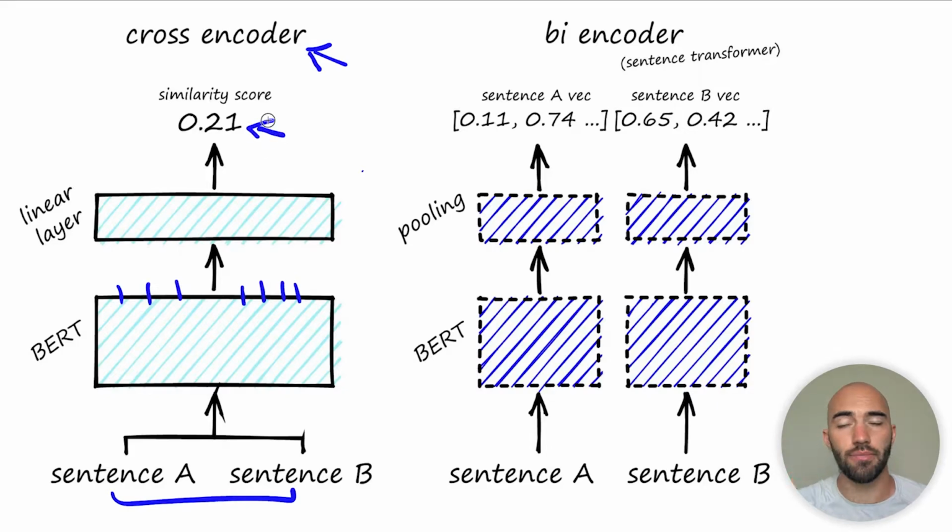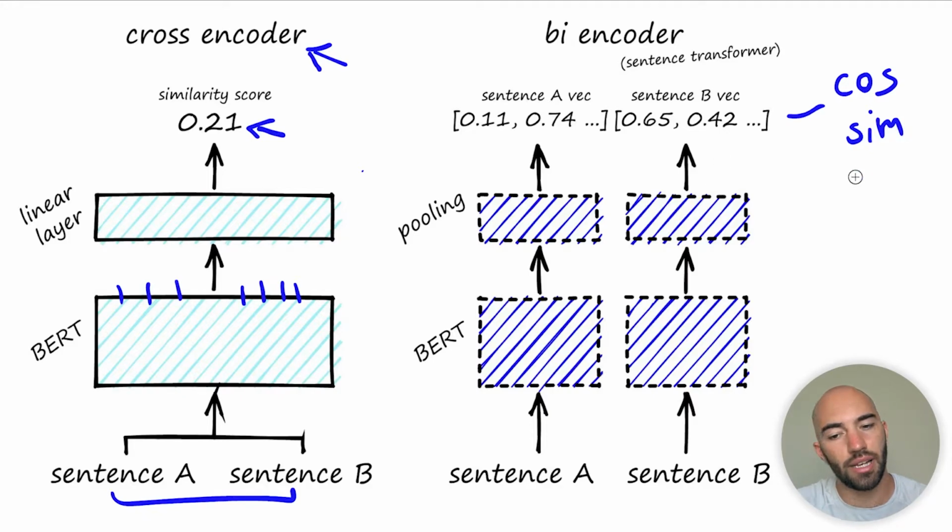That similarity score is typically going to be more accurate than a similarity score that you could get from a bi-encoder or sentence transformer. But the problem here is, from our sentence transformer, we are outputting sentence vectors. And if we have 2 sentence vectors, we can perform a cosine similarity or Euclidean distance calculation to get the similarity of those 2 vectors.